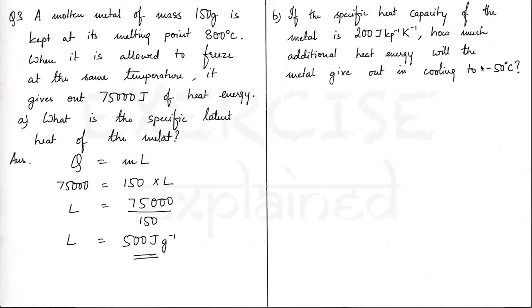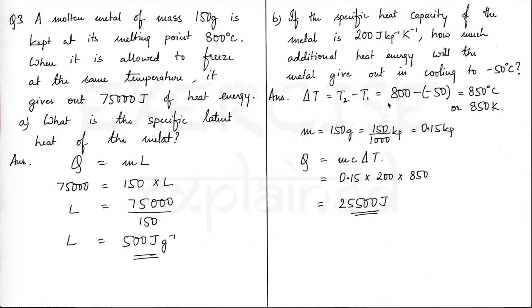So when it has to be cooled to minus 50 degrees Celsius, what happens is we get the change in temperature as 850. So delta T is equal to T2 minus T1. So we get it as 800 minus of minus 50.